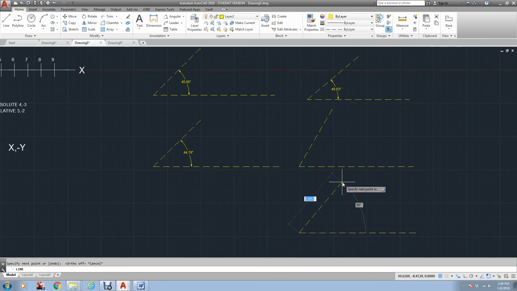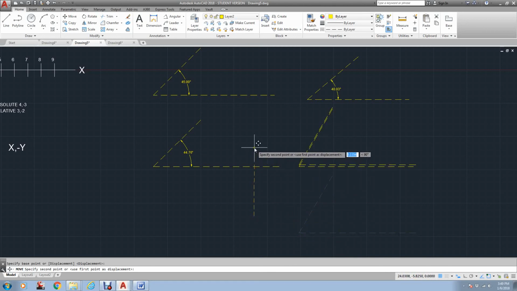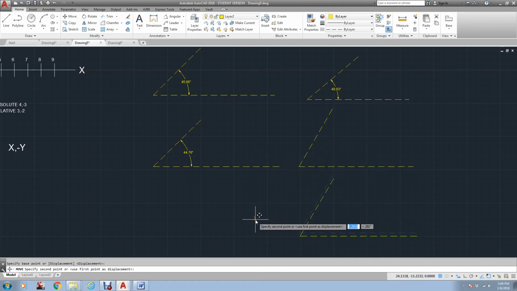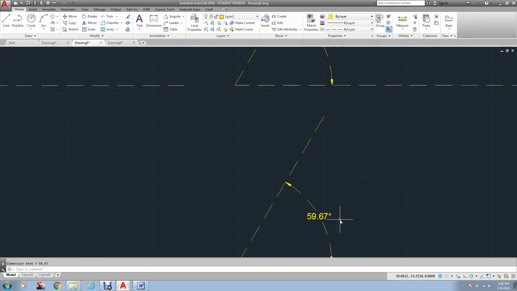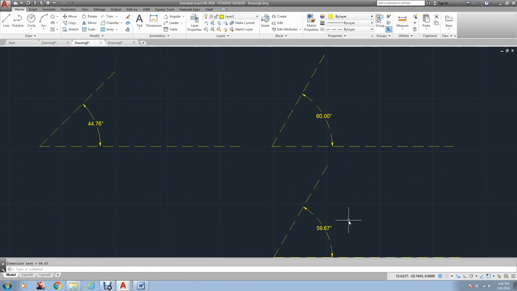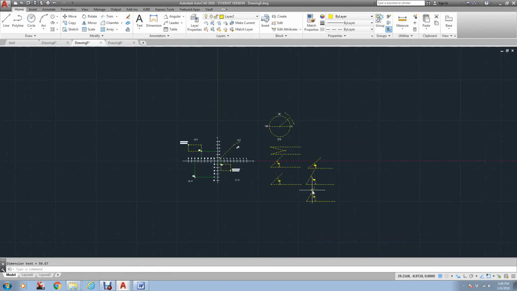I'm going to do it by eyeballing it to 60 right there, and I'm going to type in 5. And you may look at these and say, well, they look identical. Well, that's the thing about AutoCAD. Looking identical doesn't mean that it is. Let's just get the angles on these two. Here's the correct way, and here's the non-correct way. So as you can see, it's slightly off. Okay, so very, very big thing to remember.